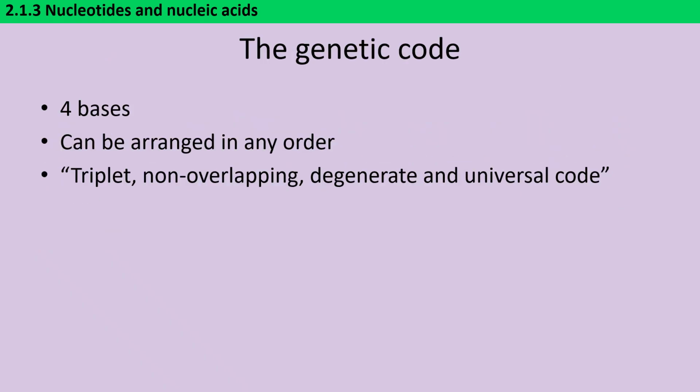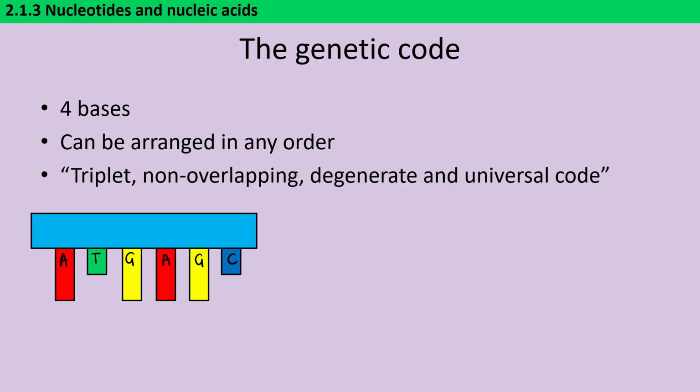We've described what triplet means, that idea that 3 bases are needed to code for 1 amino acid. But what about non-overlapping, degenerate, and universal? Well, non-overlapping means that when we're reading this particular strand of DNA, we're going to read ATG as being 1 amino acid, and then AGC as being a second amino acid. We wouldn't read ATG and then TGA, because those 2 codons would then be overlapping.